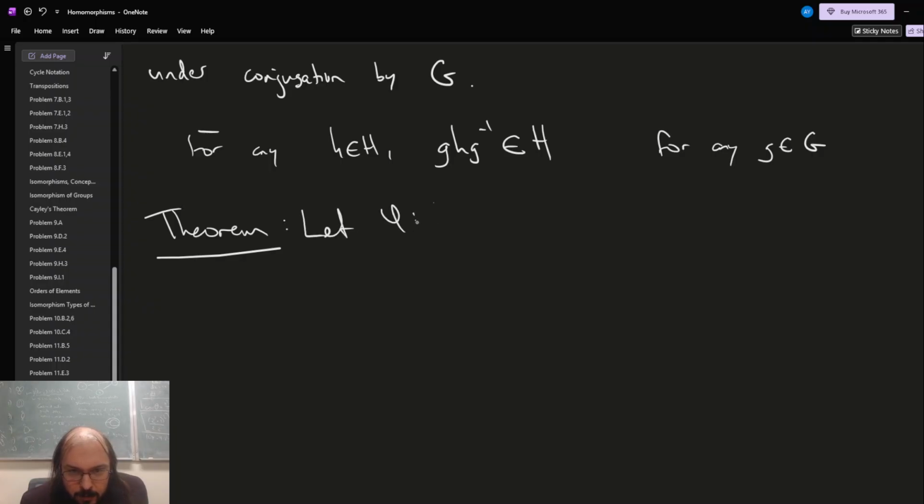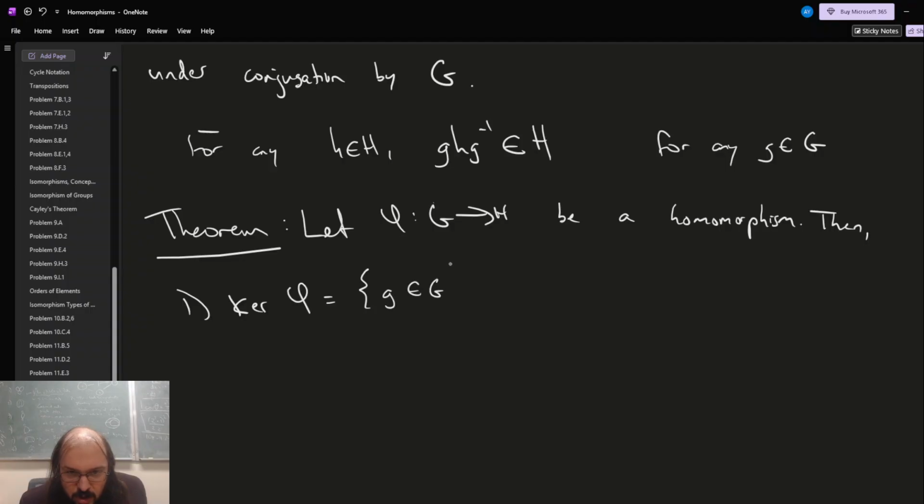Let phi from G to H be a homomorphism. Then the kernel of phi, which is the set of g in G such that phi of g equals e, is a normal subgroup.